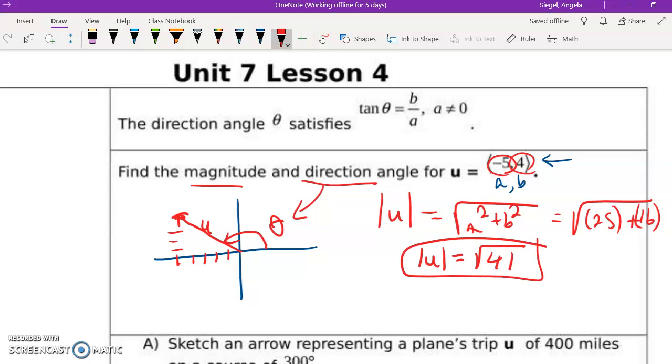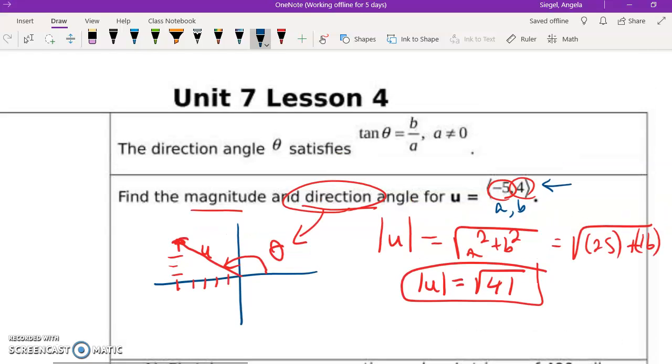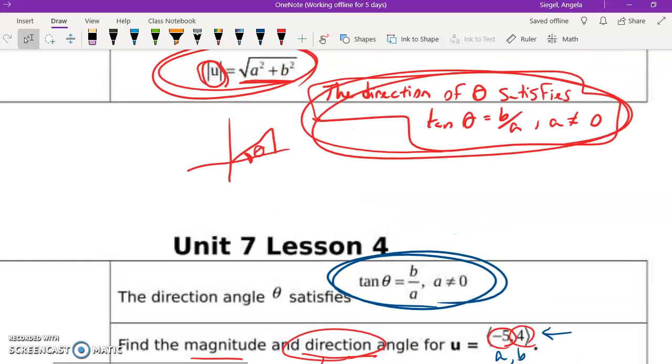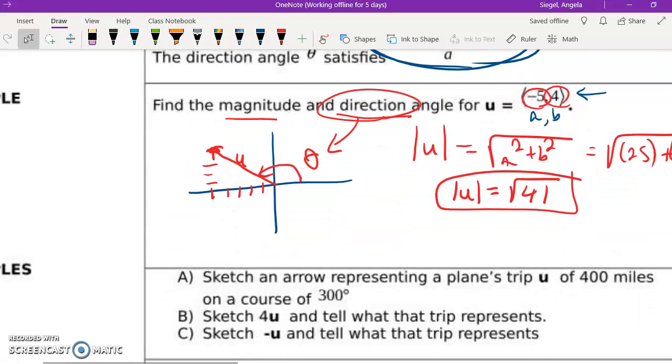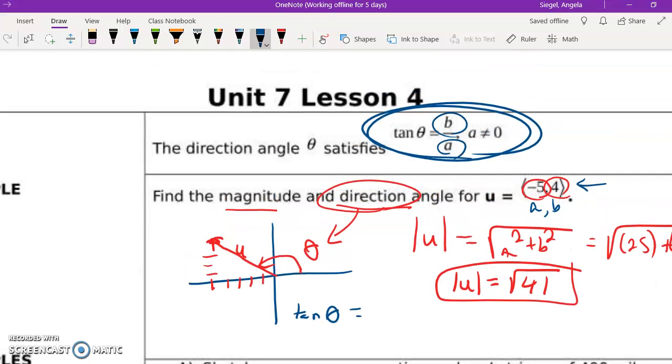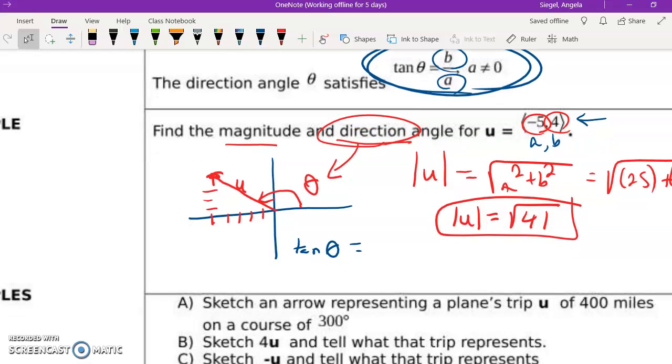Okay, now let's go to direction. So I'll do this in a different color. So let's go back up to this formula. I forgot I wrote that down. It's the same thing as what I said. So we need to figure out what theta is. So I know that the tangent of theta is b over a. So this is 4, this is -5.